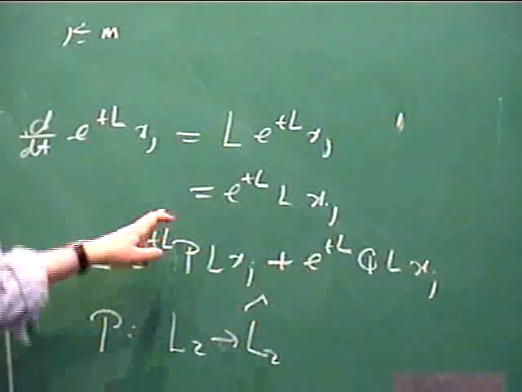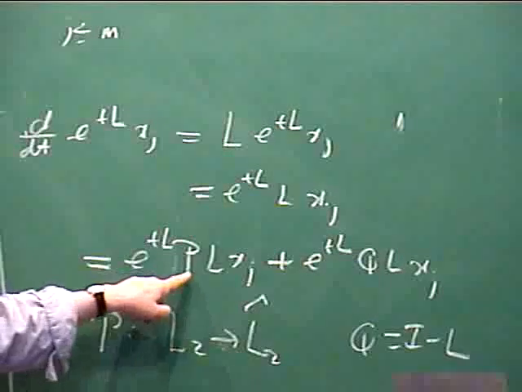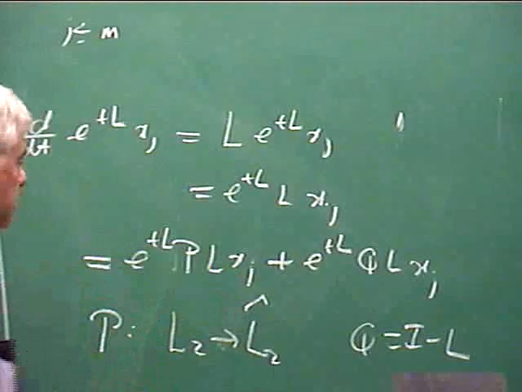So I've taken this equation, added the identity, Q is equal to I minus L, and I wrote here simply, I can put identity anywhere I want.